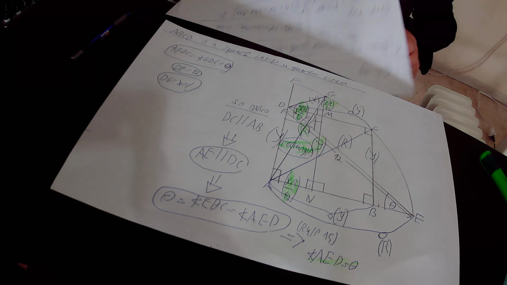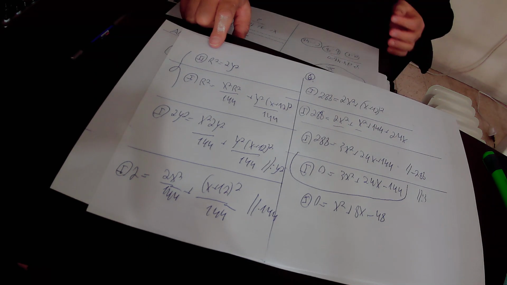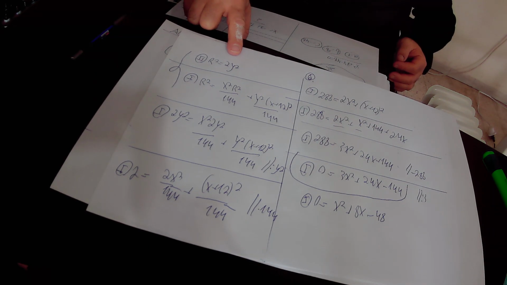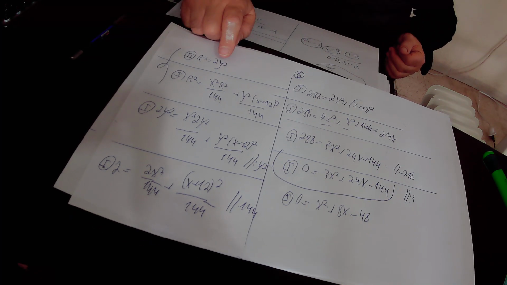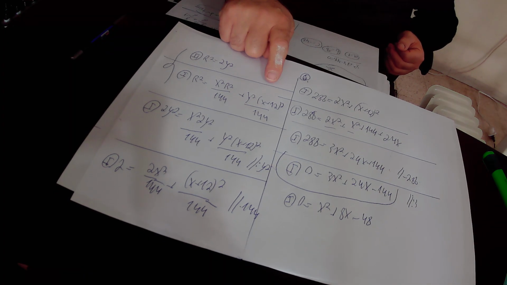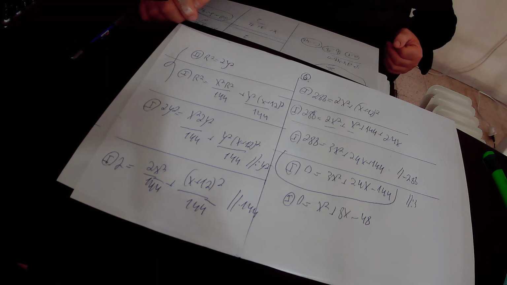So copy this equation 2 again: R squared equals 2y squared. This is according to equation 2, and according to equation 1, we have already found out that R squared equals x squared times R squared over 144 plus y squared times x plus 12 squared over 144. So we have two equations.